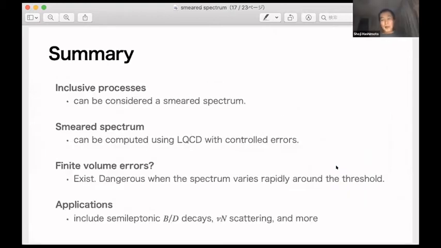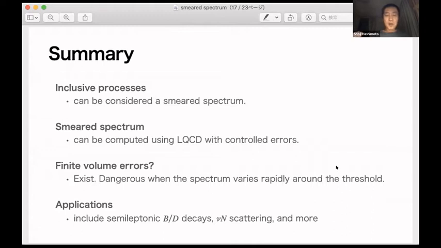Okay, so I'm summarizing. Inclusive processes can be considered a smeared spectrum, and that can be computed using lattice QCD. And the important thing is that here the error can be well under control, because the higher order Chebyshev matrix element is always bounded by plus and minus 1, and we know the coefficient.